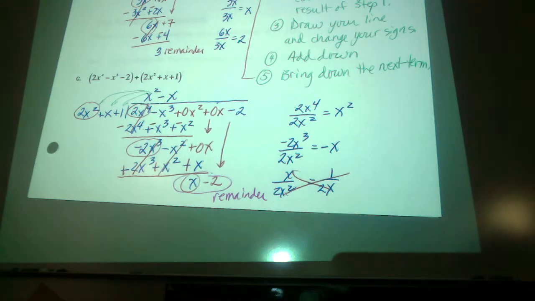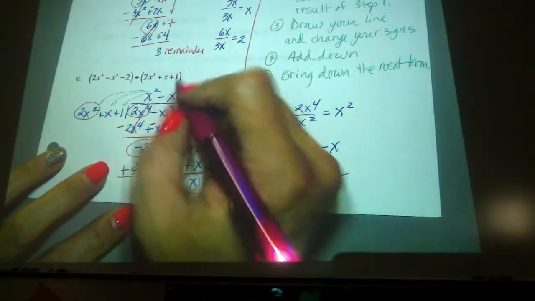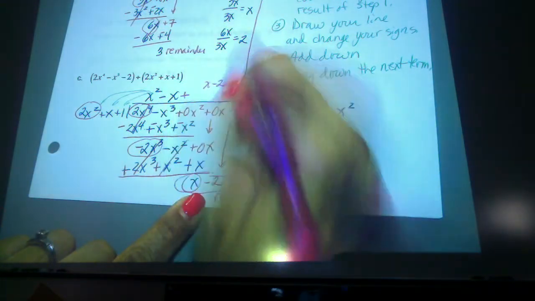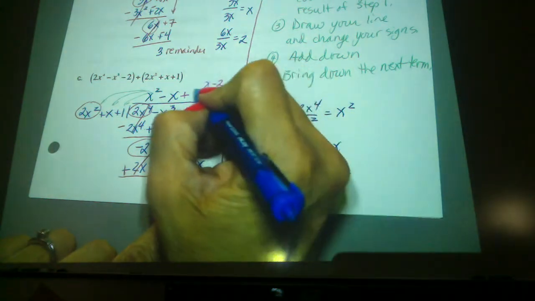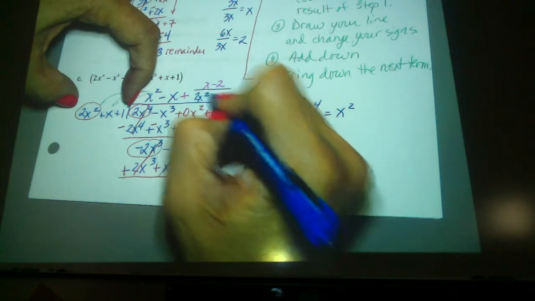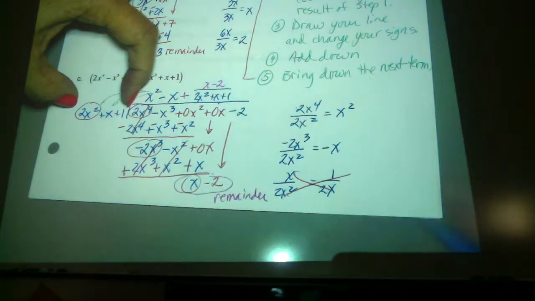I'm going to make the assumption that the remainder is positive because the x is positive, so I'm going to put a plus here. I'm going to take that remainder as is, x minus 2, and divide it by everything that's out in front: 2x squared plus x plus 1.